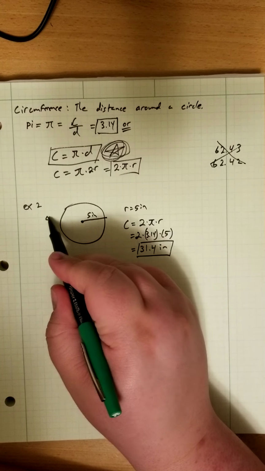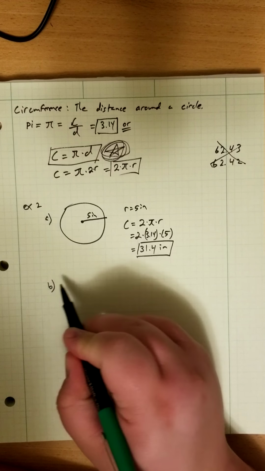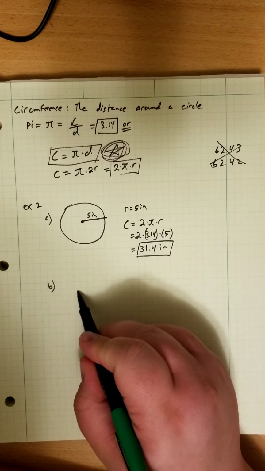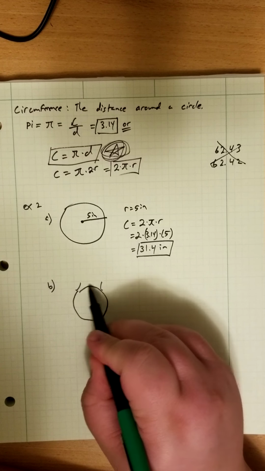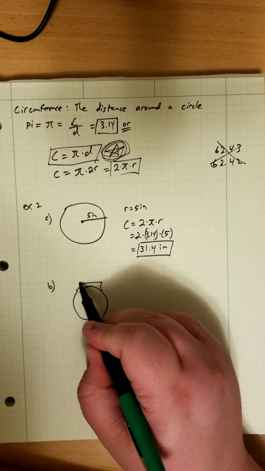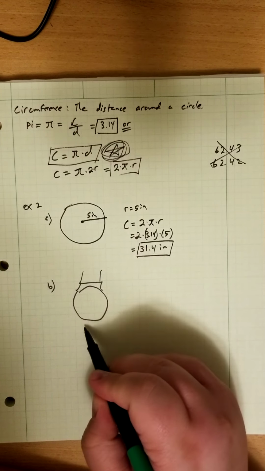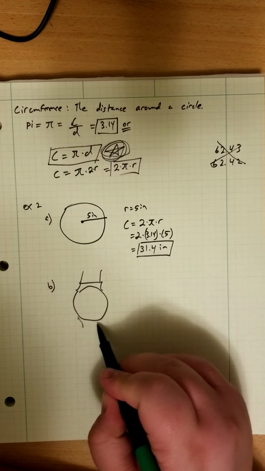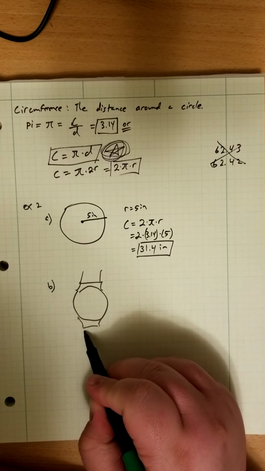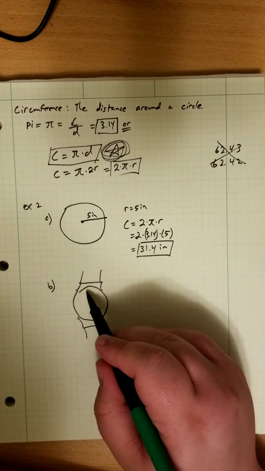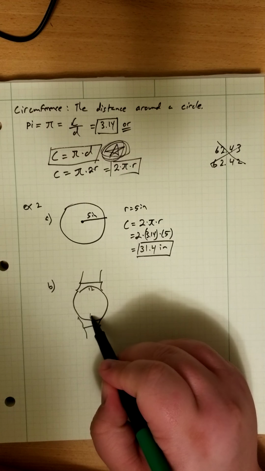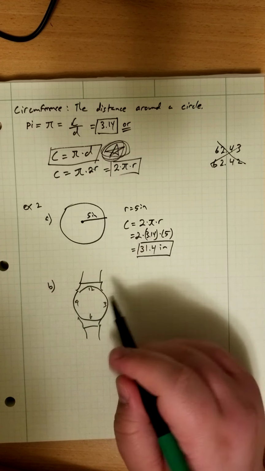And that's A. For B, we have a watch face. So we got the circle there, and this is a watch face: 12, 6, 3, 9.